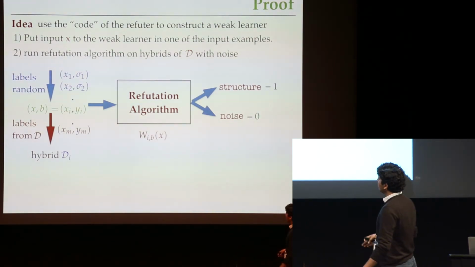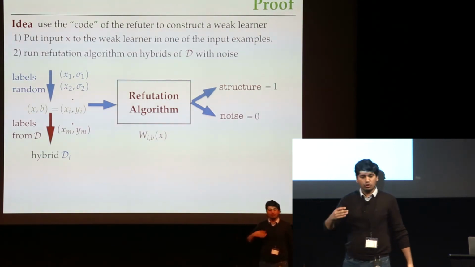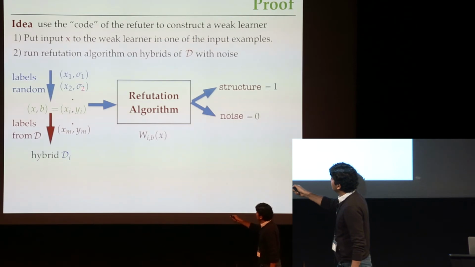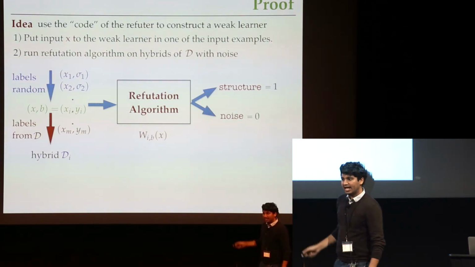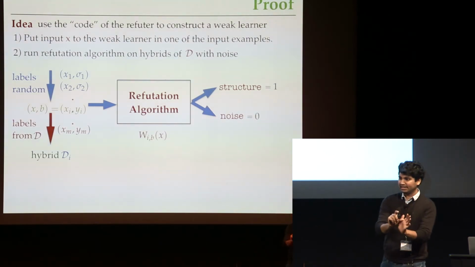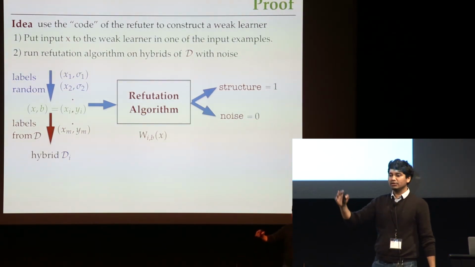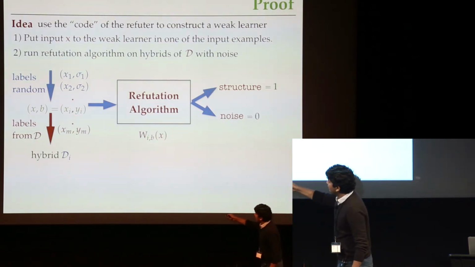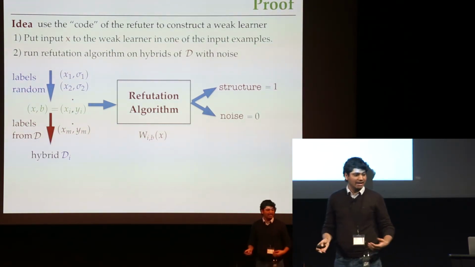Okay, and now, in fact, I'm going to make one more change. Okay, for any i, what I'm going to do is, for every example that comes before i in the list, replace the actual label that I see by a completely uniform and independent label. Okay, so in other words, for whatever comes before, I'm going to randomize the labels.